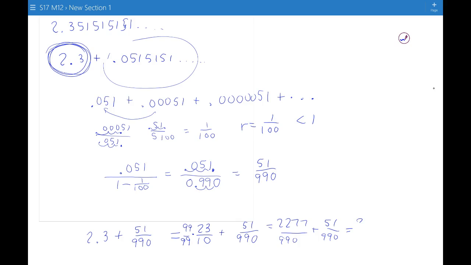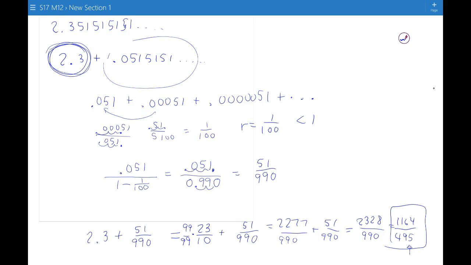So that looks like 2328 990ths, but clearly those numbers are both even, so we should try and reduce. So I'm going to get 1164 over half of 990, which is 495. And I don't think I'm going to reduce anymore because this one's a multiple of 5 and the one on the top is even.